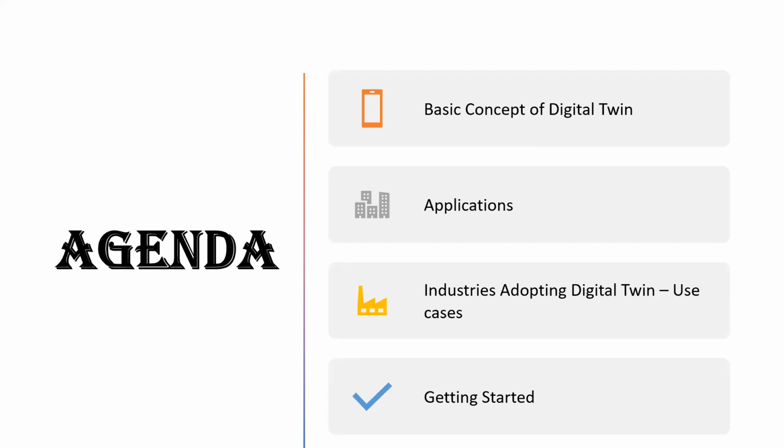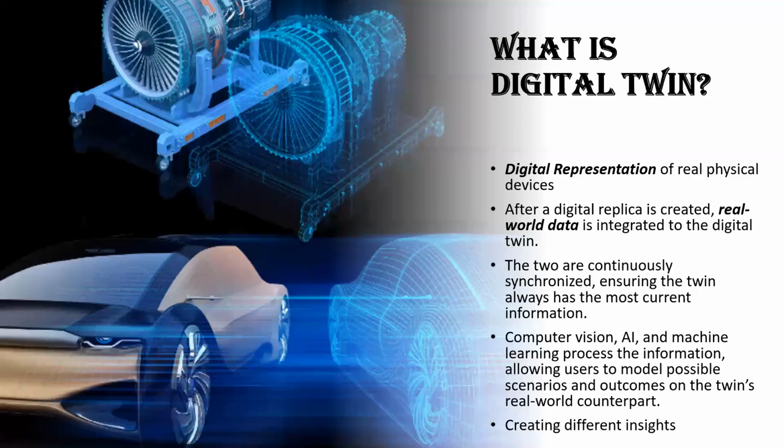With this in mind, what is a digital twin? Digital twin, we have 4 things inside. Number 1, it's a digital representation of a real physical device.